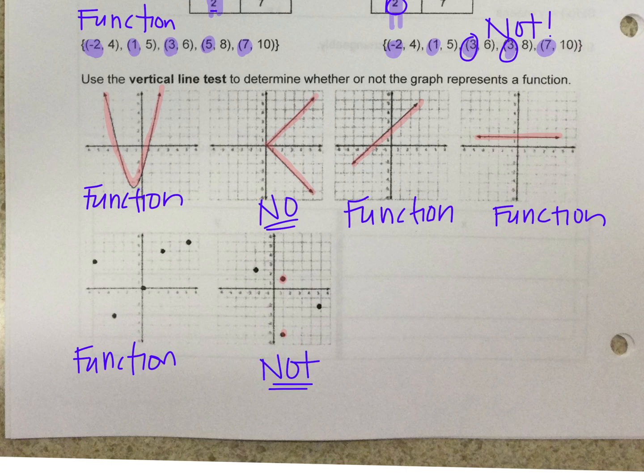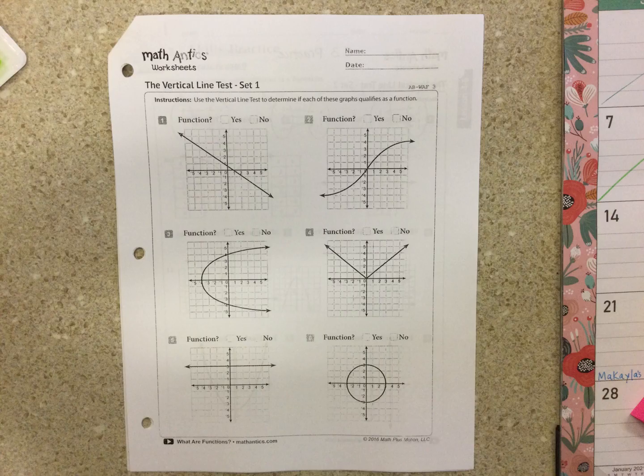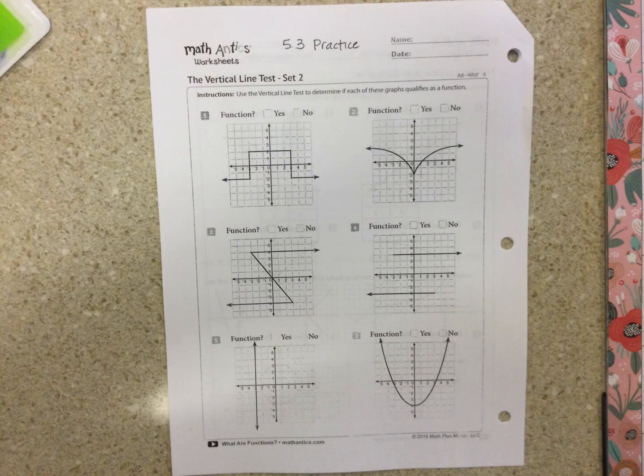All right, so I would like you to do some practice on your own. On the third page of your packet, I need you to do 1 through 6. This is actually the third page. Do 1 through 6 on this page. And then do 1 through 6 on the page I showed you right before this.